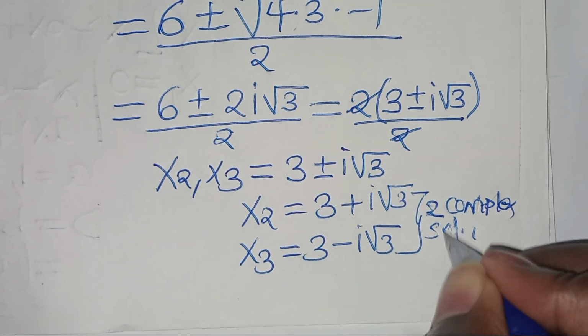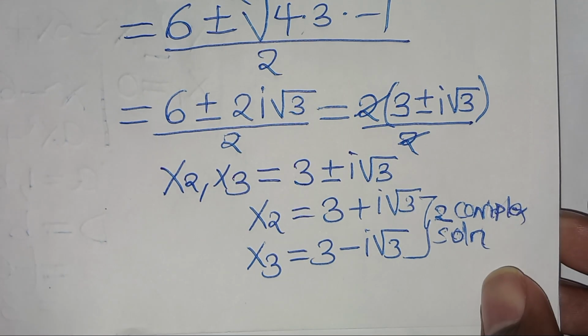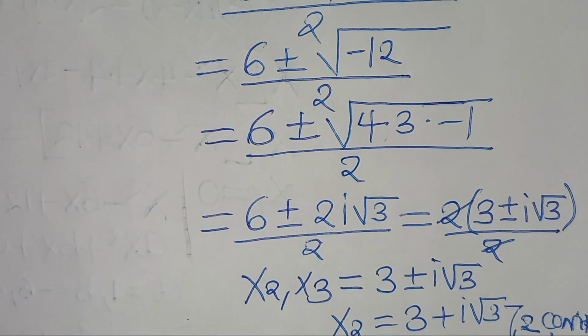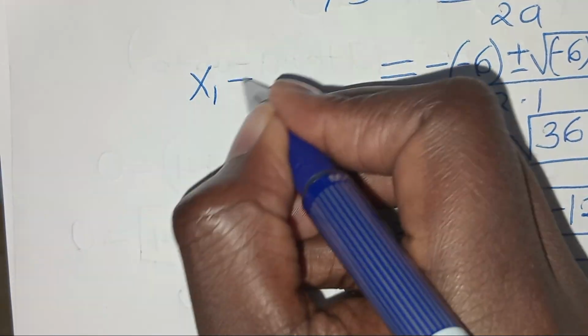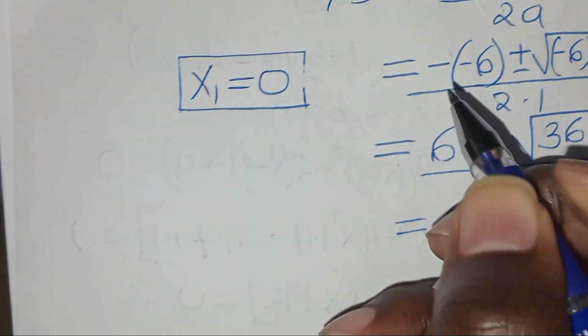So this algebra problem has got two complex solutions, and we have one real solution from here, which is x1. x1 here is equal to 0. This is the only real solution that we have.